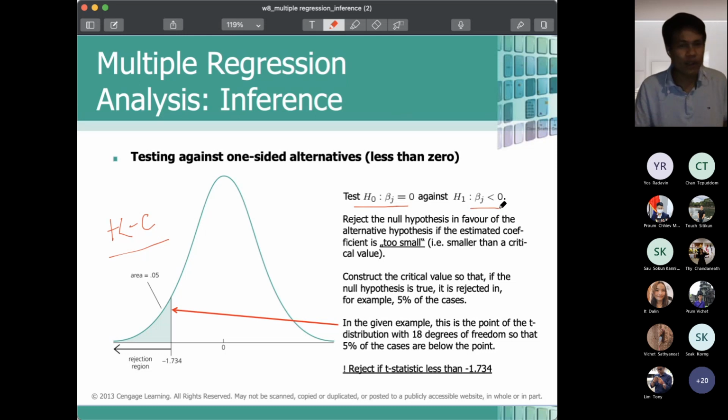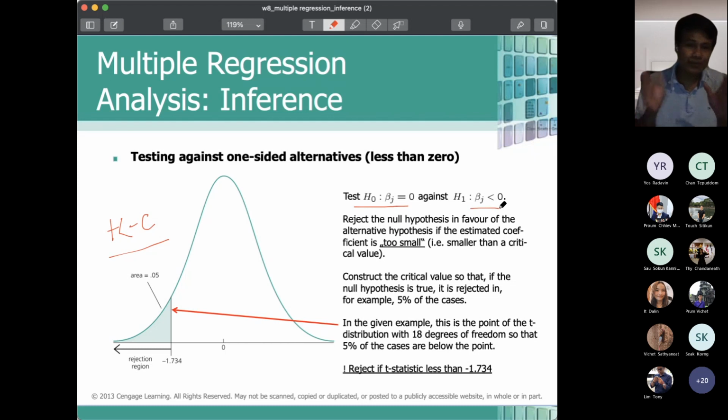The null hypothesis states COVID has no effect on income. The alternative hypothesis states COVID reduces household income. So you want to test whether you will accept or reject the null hypothesis. If you reject the null hypothesis, you accept the alternative hypothesis.